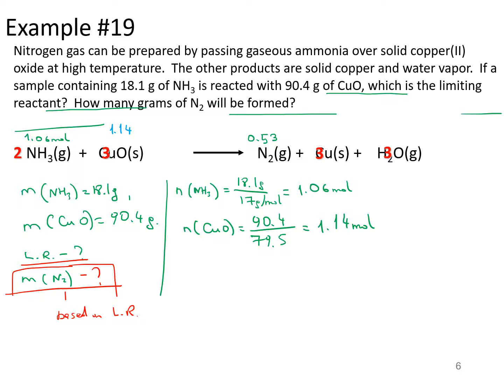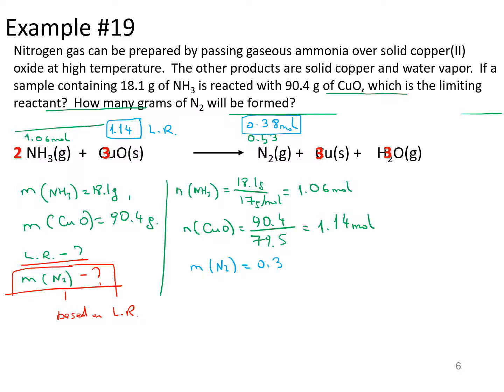And for the copper oxide now, I do separate calculations, 1.14. The ratio is 3 to 1, so it's going to be a third of that number. So this is going to produce 0.38 moles.